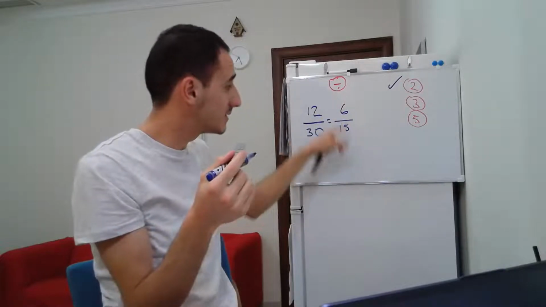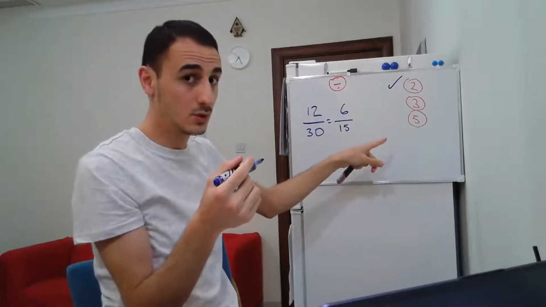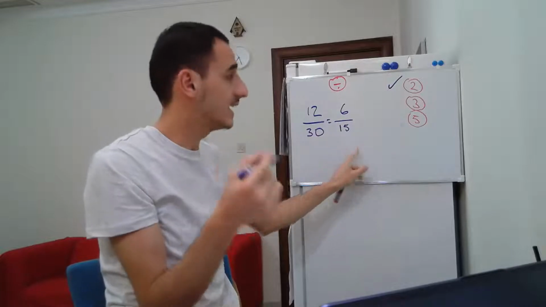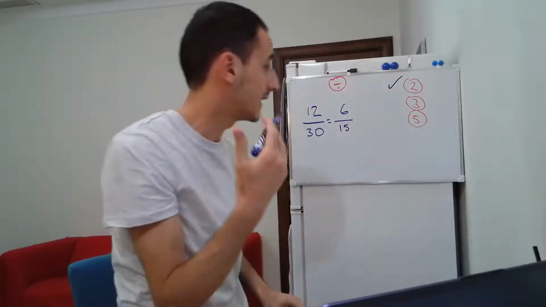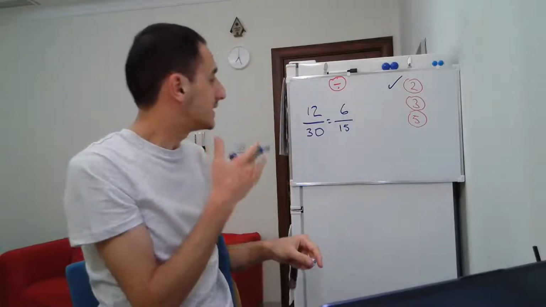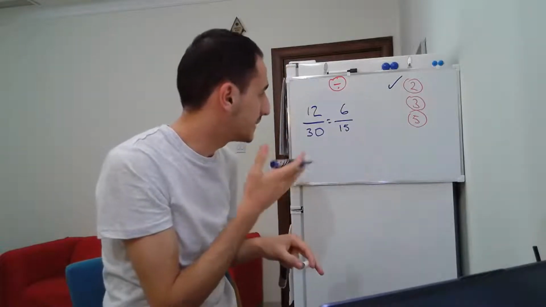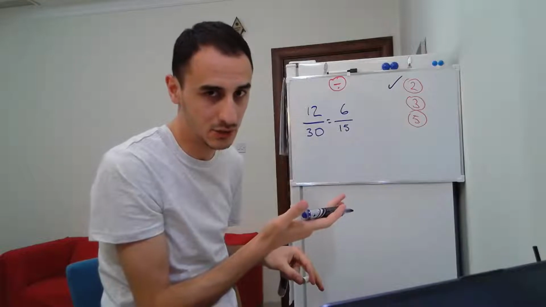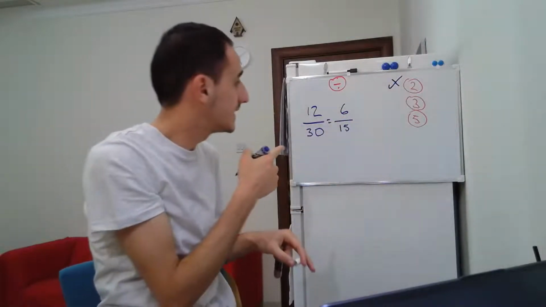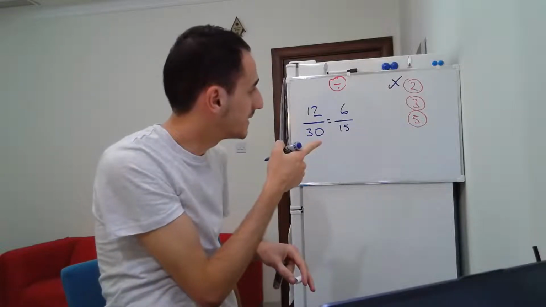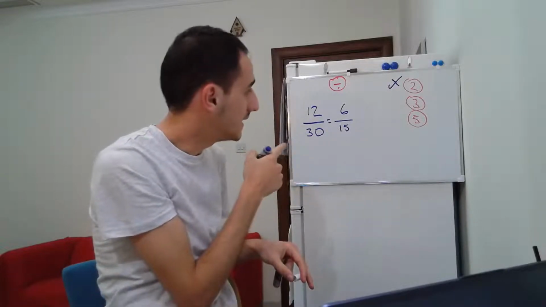Is it possible to simplify it more, or is it the simplest form? Again, I check by 2, 3, and 5. 6 is divisible by 2, yes, but 15 is not divisible by 2. So 2 doesn't work this time. So I'm checking 3 now. 6 is divisible by 3, yes, and 15, yes.